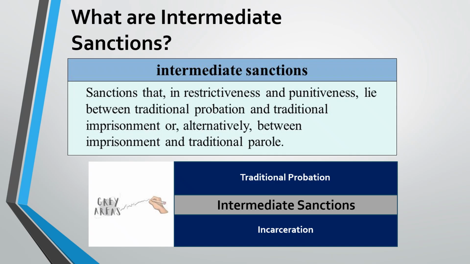It just means that these are punishments that are stricter than standard probation, but not as strict as going to prison. So, you've got this diagram that shows you traditional probation, and then intermediate sanctions are those gray areas, and then incarceration.